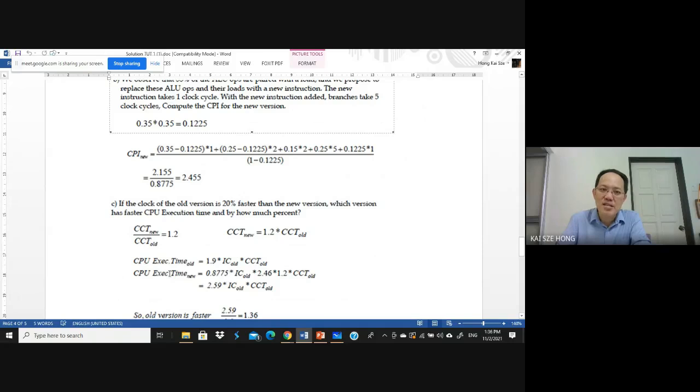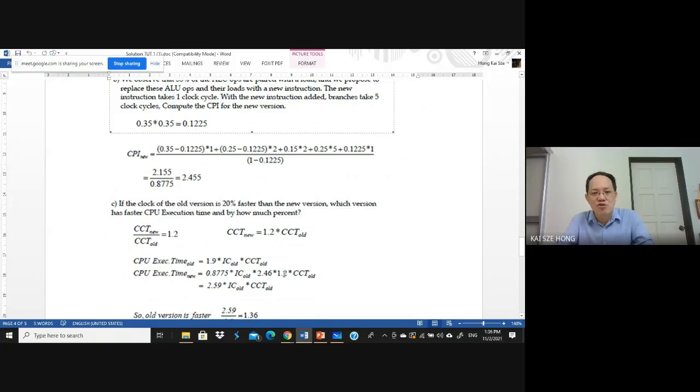Then for the new one, the execution time equals 87% of the original instruction count, because it's reduced, then multiplied by the 2.46, which is the clock cycles per instruction.